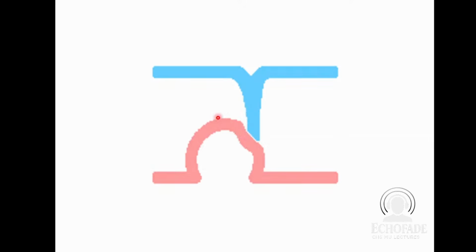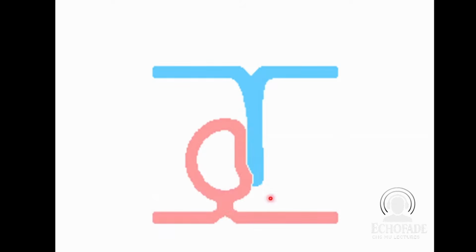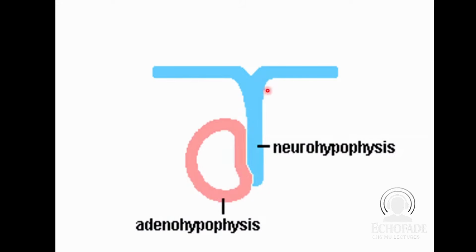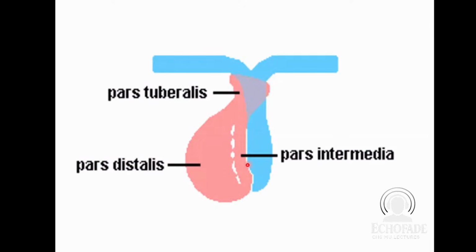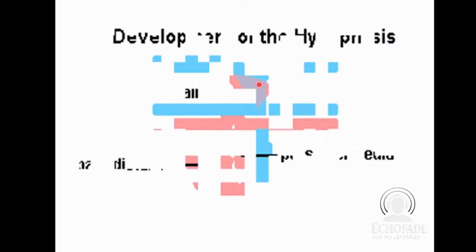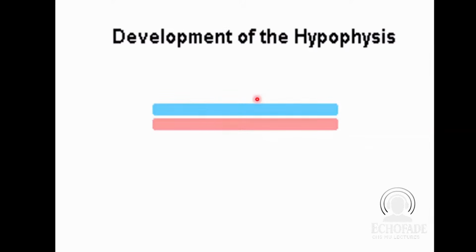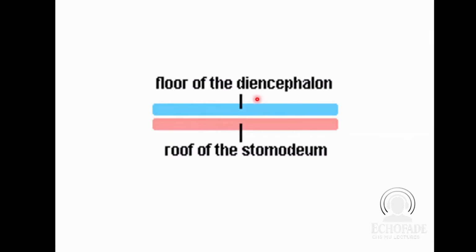Eventually, this detaches from the roof as Rathke's pouch and comes to lie close to where we have the neurohypophysis, and where the two cells are very closely together, the cells mix up. So the adenohypophysis now comes to form the pars tuberalis, pars intermedia, and pars distalis.